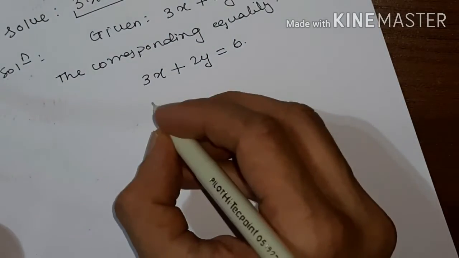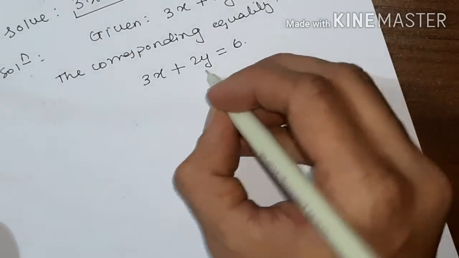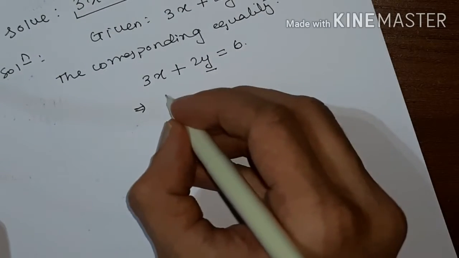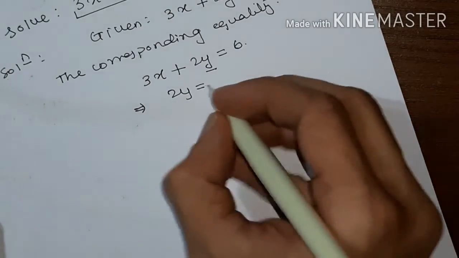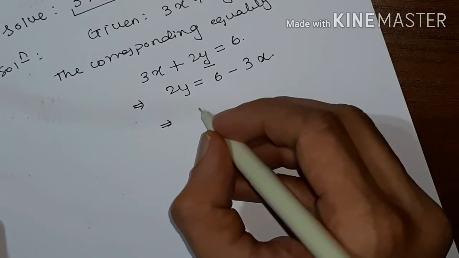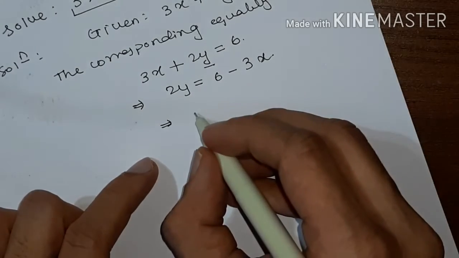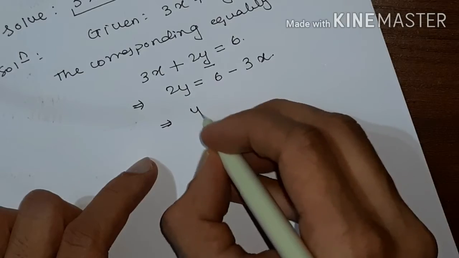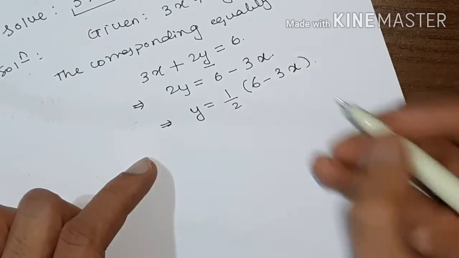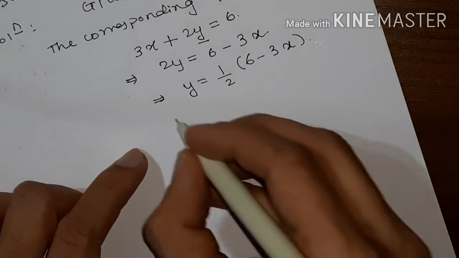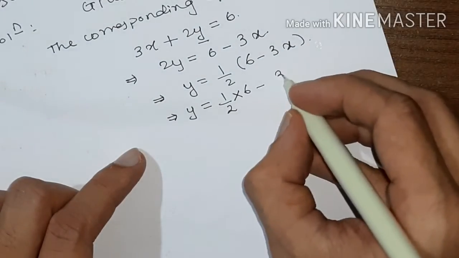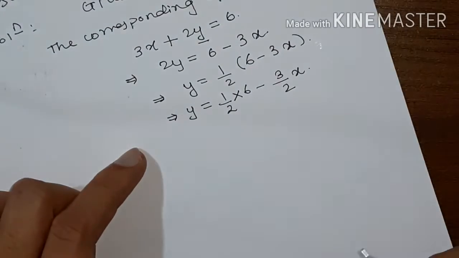Now we have to write y in terms of x. So what you will get? 2y equal to 6 minus 3x. So if you divide by 2 on both sides, what you get? y equal to half multiplied by 6 minus 3x. So now you get y equal to half multiplied by 6 minus 3 by 2 multiplied by x.